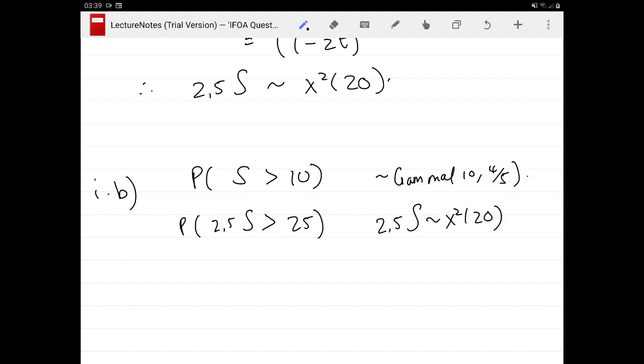Now you could go and calculate this using the tables in the back of your book, but actually you'll realize that you can't, because we don't really have a 25 in that particular degrees of freedom line.